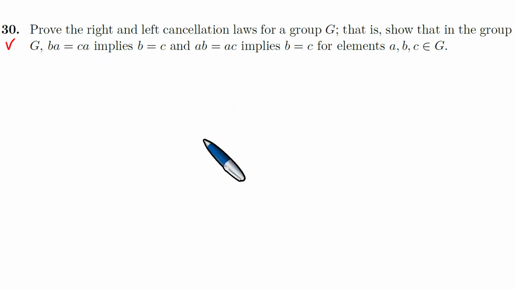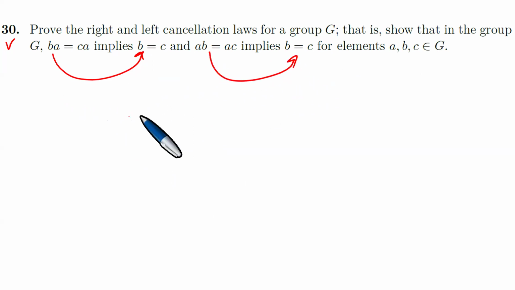Let us reason this very carefully and think about how exactly this must be done. It's very easy. In the group, you prove that this implies this, but also that this implies that.